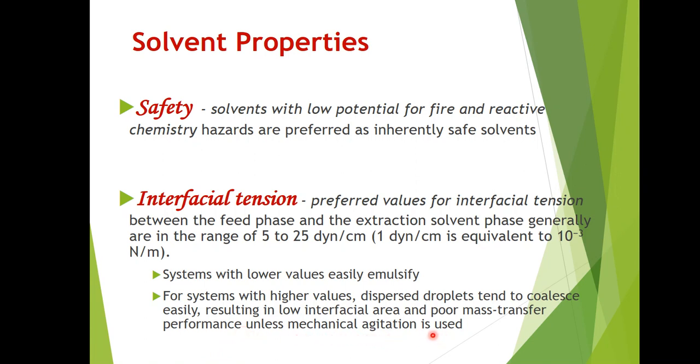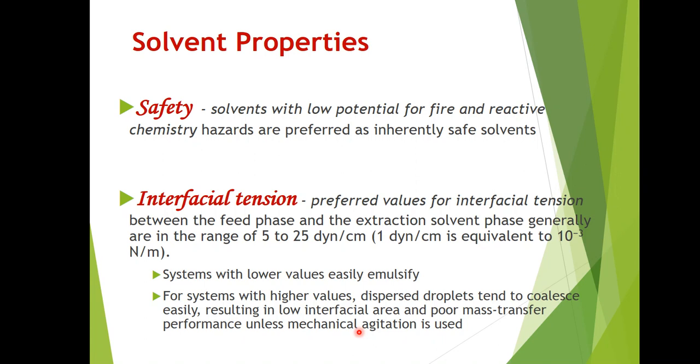Okay, so what happens to your dispersed droplets is they will tend to coalesce, meaning they will form into lumps. If they group together and form into lumps, then you decrease the interfacial area for mass transfer. If the interfacial area is decreased, then there will be a much lesser amount of transfer that will happen, or there will be poor mass transfer performance in that case.